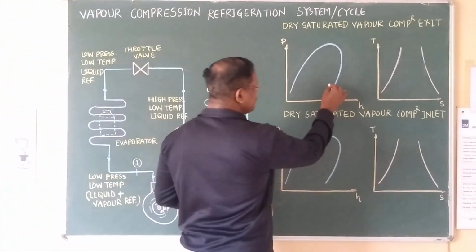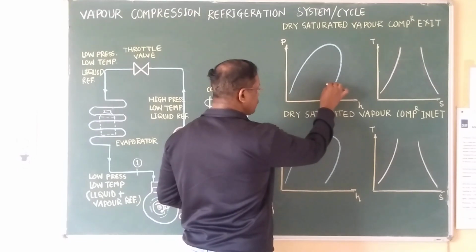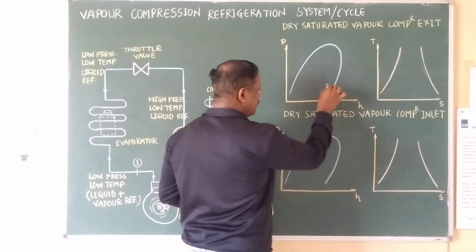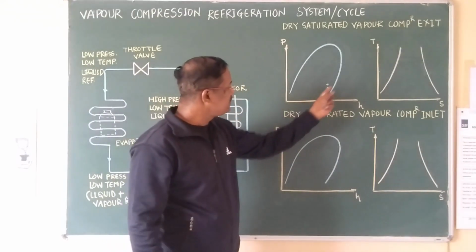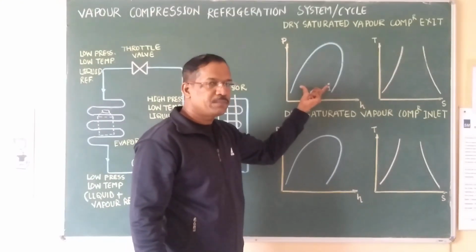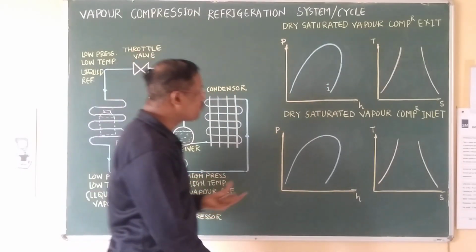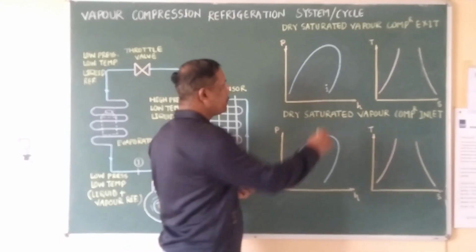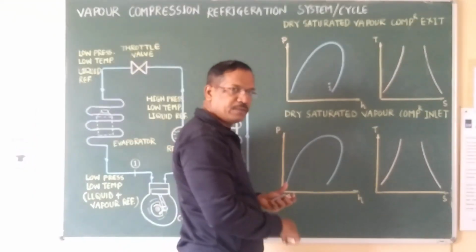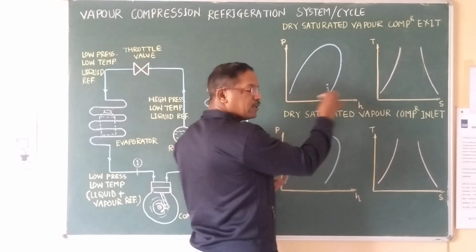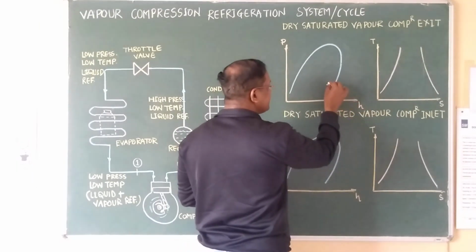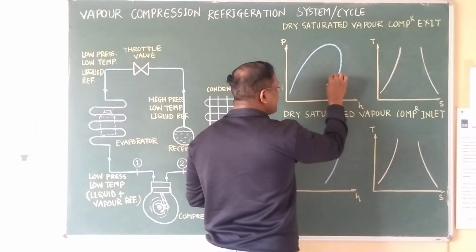So suppose this is the first point. As it is inside this graph, that means it is a wet vapor, and when it is compressed, its pressure will increase, temperature will increase, so heat also increases, so enthalpy also increases. So our graph will look like this.